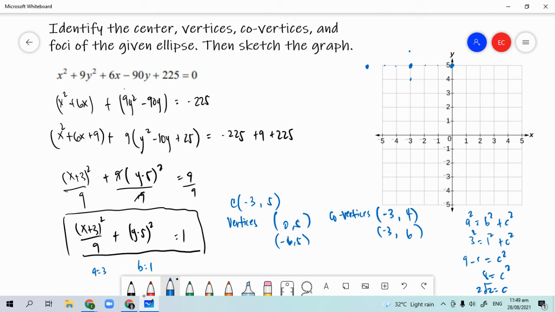So the foci is C units from the center. So therefore, from negative 3, 2 square root of 2 units to the left and to the right of that.